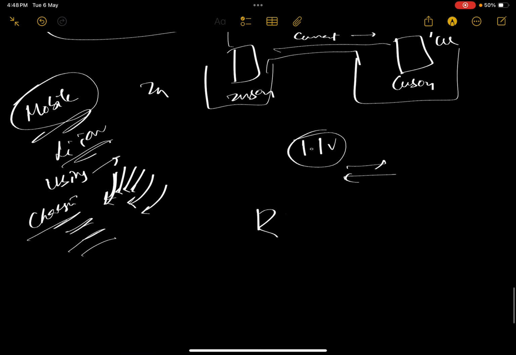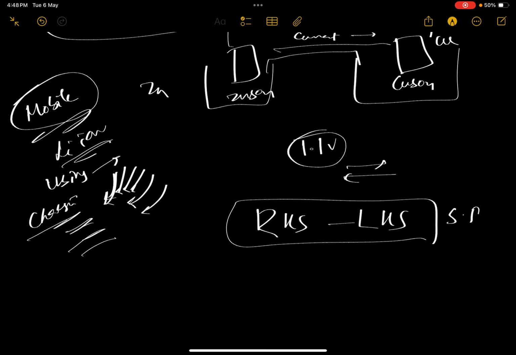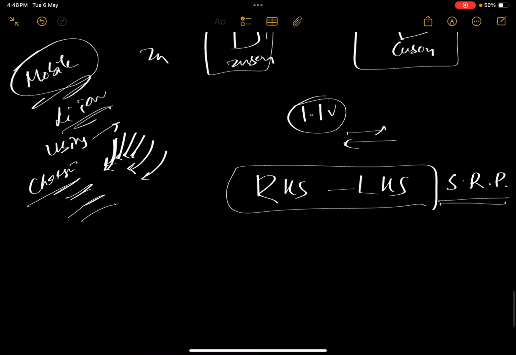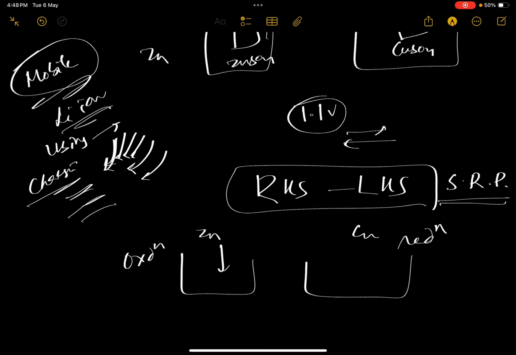So I told you the formula, RHS minus LHS, when you are using SRP only. SRP means standard reduction potential. If you want to use the concept, you can do better, that is not a problem. Remember, zinc side, copper side. Here oxidation is taking place, here reduction is taking place.